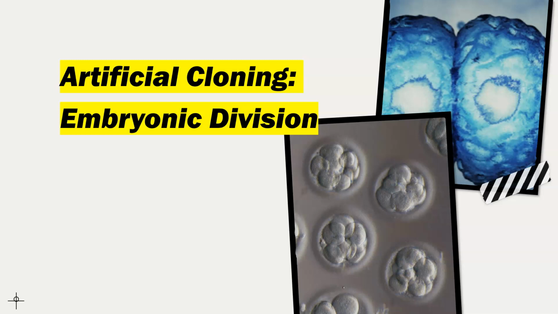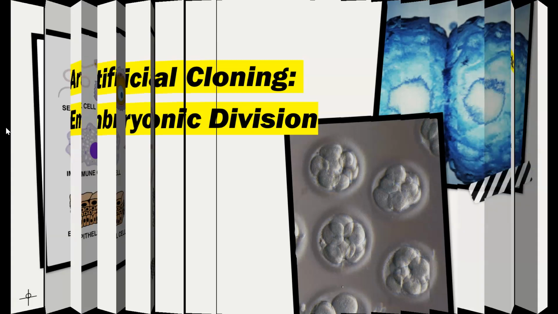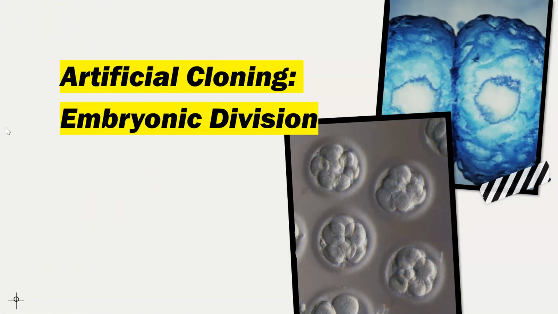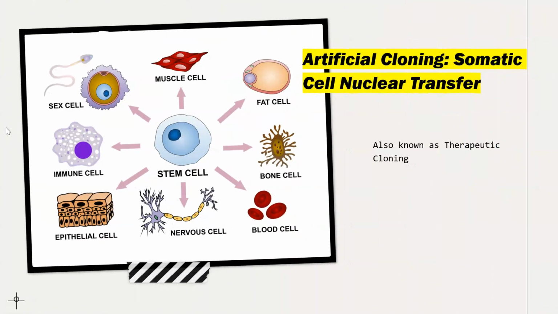Okay, so now we move on to looking at the artificial clone, that whole concept of forcing embryonic division to occur. Okay, so that's our first type of artificial cloning. And then we've got that whole concept of somatic cell nuclear transfer. So we looked at this in our first unit with the stem cell biology, also known as therapeutic cloning.